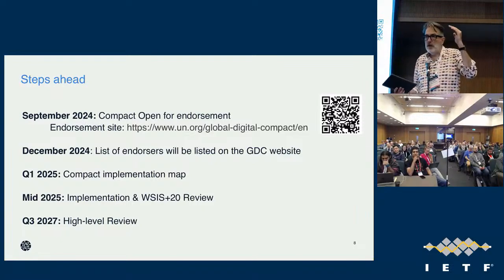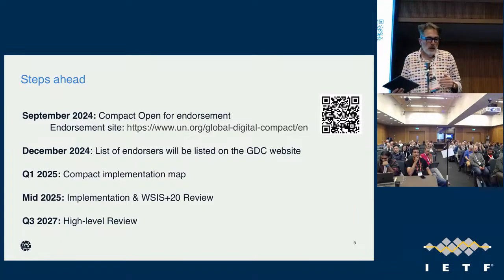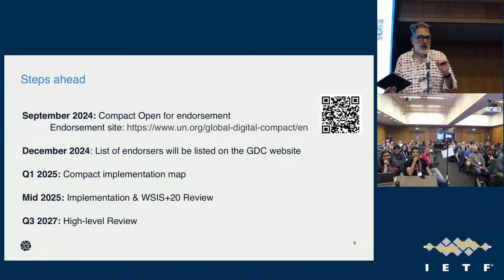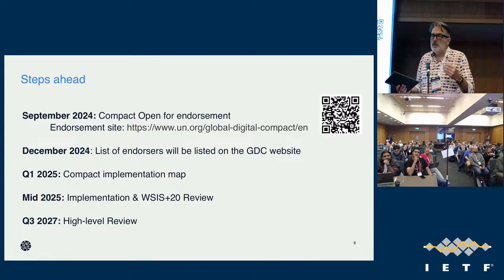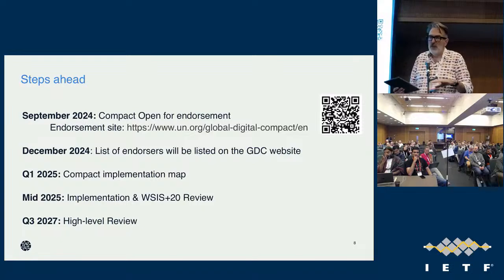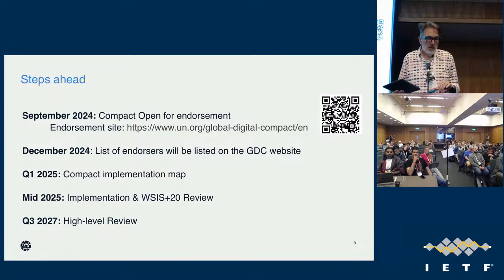It's basically Article 10 and onwards. They hope to get a list of endorsers of those principles and vision of the document by December 2024. Based on the input of people who say, we'll pick up this item and we'll work on that, they will create an implementation. That process, which is described in the final articles of the document, is not completely fleshed out and clear yet. And what I understood was also not a negotiated text. That was put in by the UN.